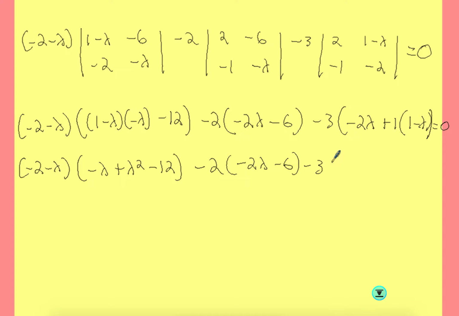And here we've got, now it's a case of me not being able to read my own writing. Sorry, 2 times -2, which is that bit there. That should be -4. That's not a lambda, that's just me being an idiot. Right, so in here we've got negative lambda take away 3.